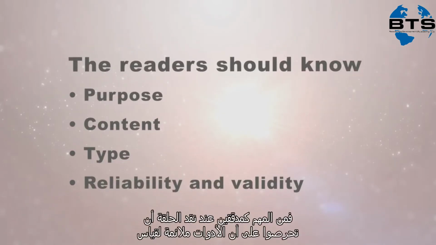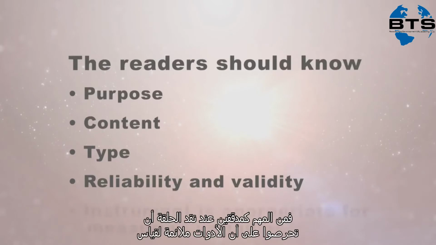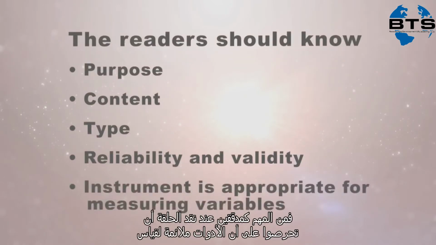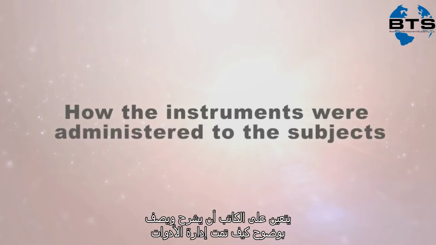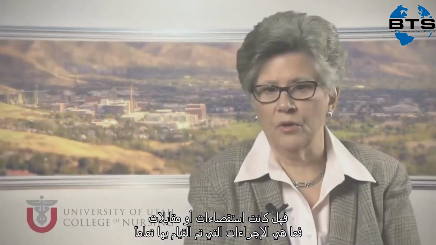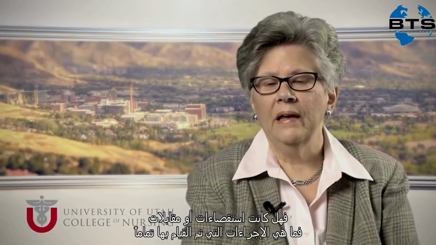It's important as a reviewer, when you critique the paper, that you assure that the instruments are appropriate to measure the variables in the research questions. The author needs to clearly describe how the instrument was administered to the subjects. Was it a survey? Was it an interview? Exactly what were the procedures done to administer the instrument to the subjects?